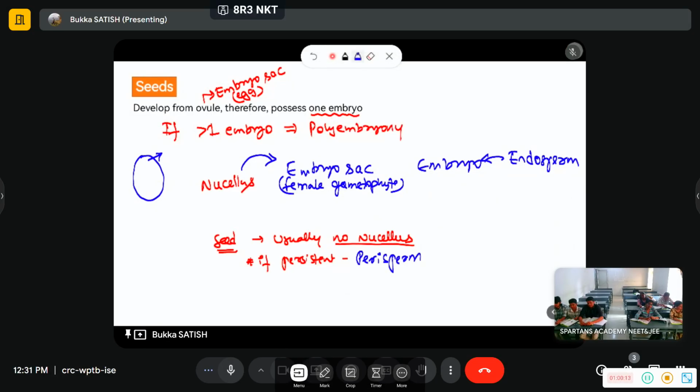Right. So usually nucellus will not be there because it is utilized. If persistent, we call it perisperm. So perisperm means it is nucellus only. This is the story of nucellus that provides nutrition to the embryo sac. Next, the embryo will get nutrition from endosperm, but sometimes whatever nutrients are present inside the endosperm will be migrated to cotyledons.